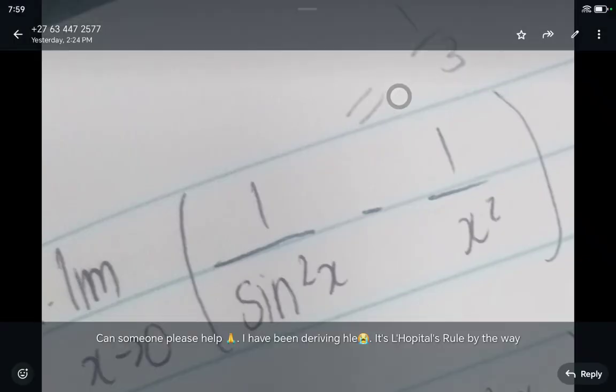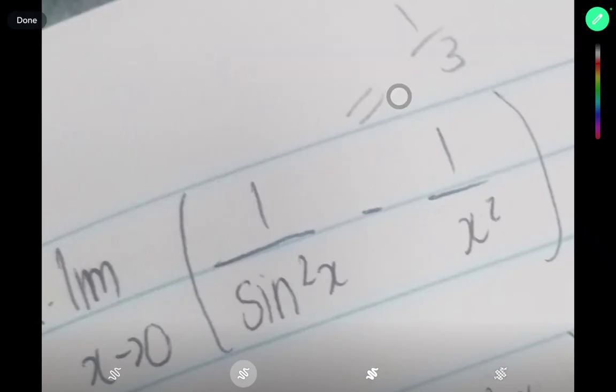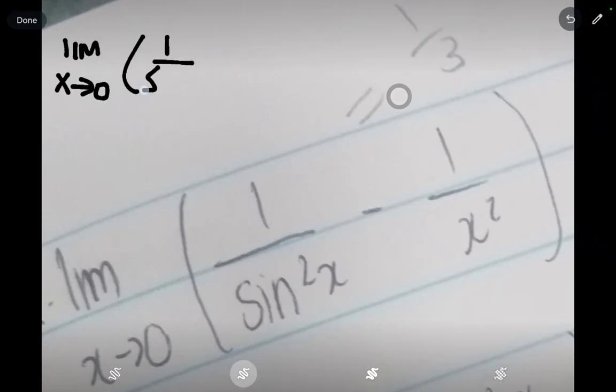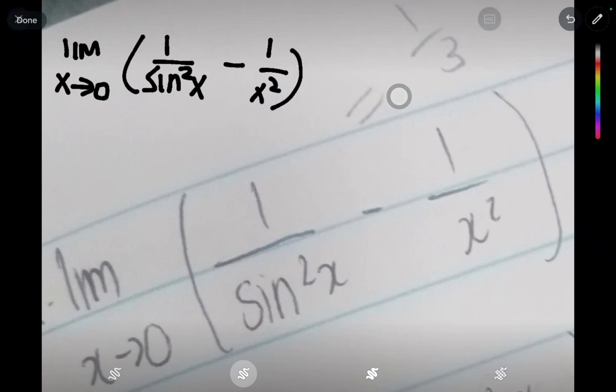But this question is simple, right, to a point that if I want to solve this question, remember, if I say this is the limit, let me use a different color. If I say this is the limit as x approaches 0 of 1 over sin squared x minus 1 over x squared. If I direct substitute here, I want us to check the form.